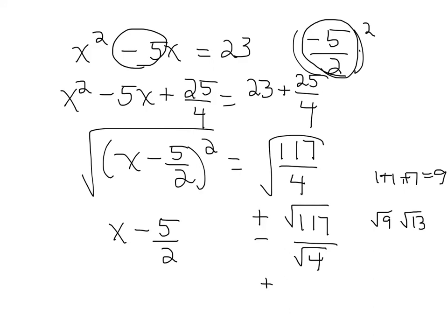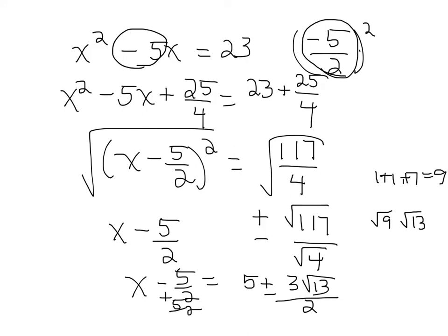So on the top, I have 3 root 13. And on the bottom, the square root of 4 is 2. x minus 5 over 2. So now, I add 5 over 2, and since this is all the same denominator, we call this 5 plus or minus 3 times the square root of 13 divided by 2. Only one of your homework problems is that hard. So this is as much of completing the square as we're going to do today.